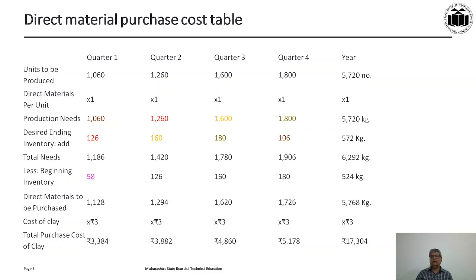So for the total year you will require clay worth rupees 17304. So this is a simple example from which you can understand how material budgeting is done.